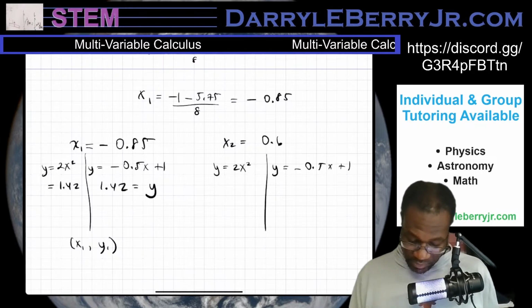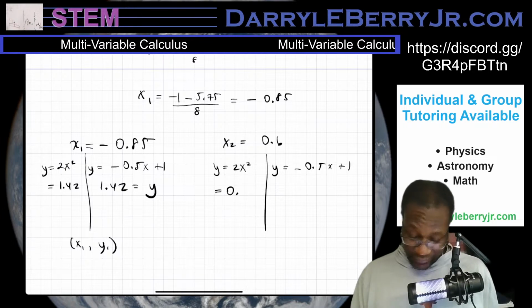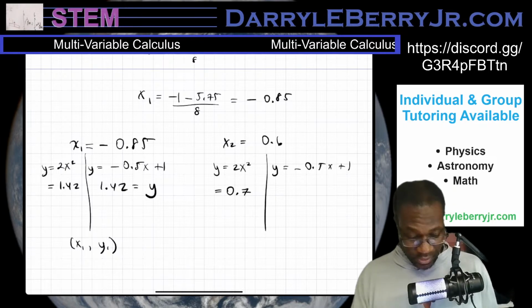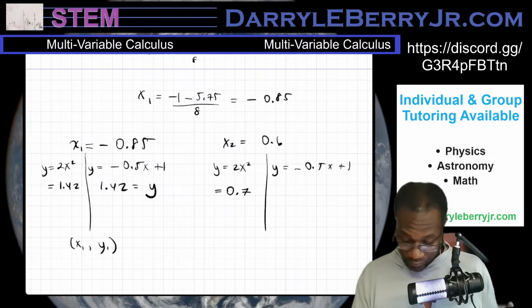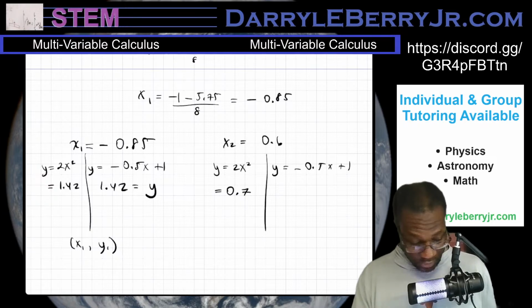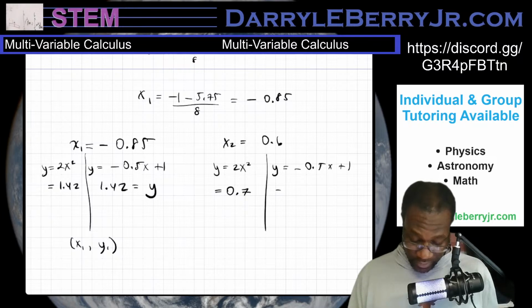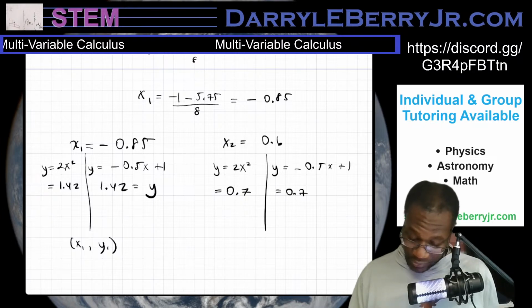So this gives me equals 0.7. Let's make that 0.7. And if I put the other one in, so it's negative 0.5, plug in the same thing, plus 1, and equals 0.7. Right, so now we're in business.